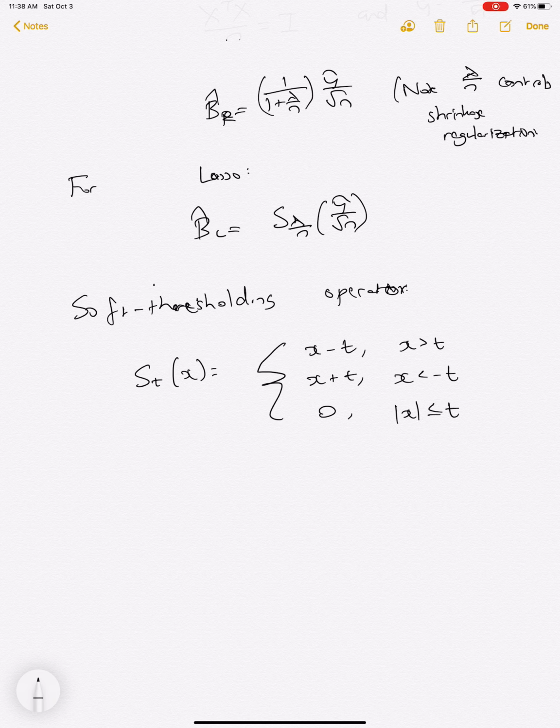So that's the soft thresholding operator, and you can write beta hat L in that way.